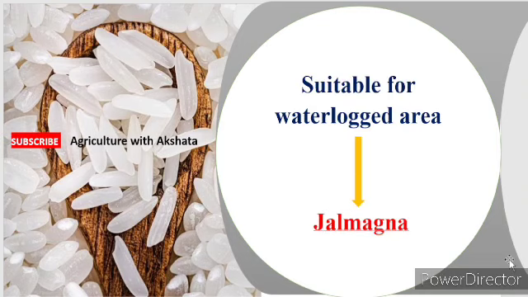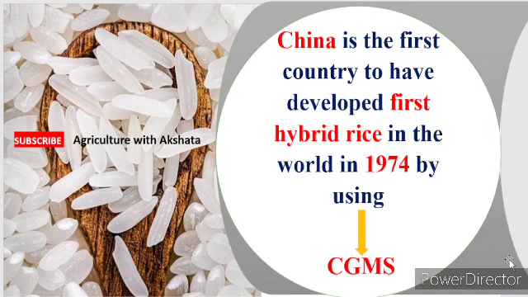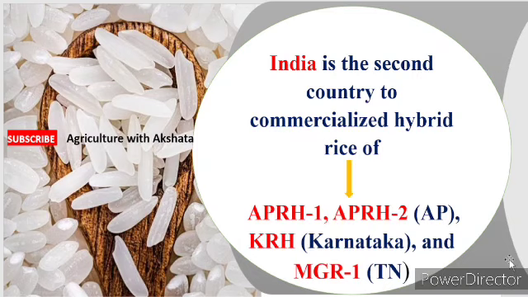China is the first country to have developed hybrid rice in the world in the year 1974 by using the CGMS system. India is the second country to commercialize hybrid rice production by developing hybrids such as APRH1 and APRH2 from the state Andhra Pradesh, that is Andhra Pradesh Rice Hybrid 1 and 2.